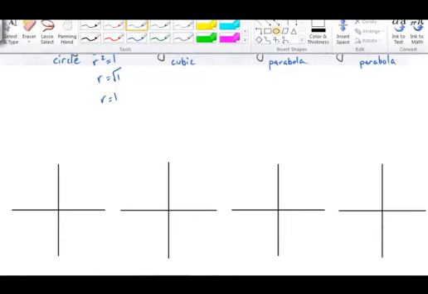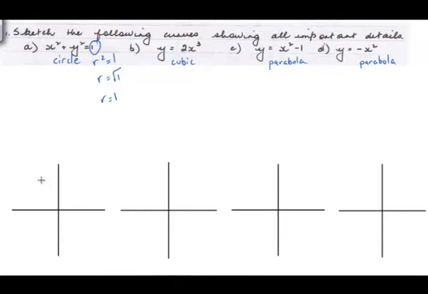So I'm just going to draw a circle. Okay, so something like that. And you just mark the intercepts as 1 and -1, 1 and -1. Alright, so a circle's actually not too tricky to draw.